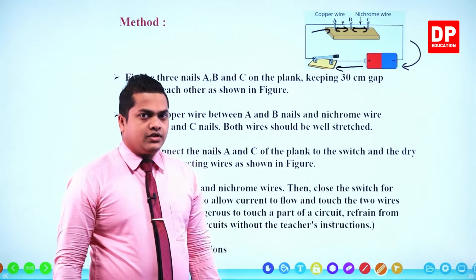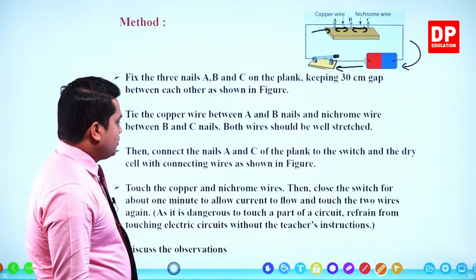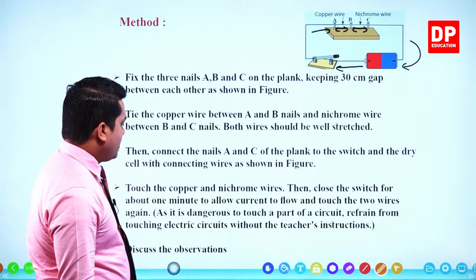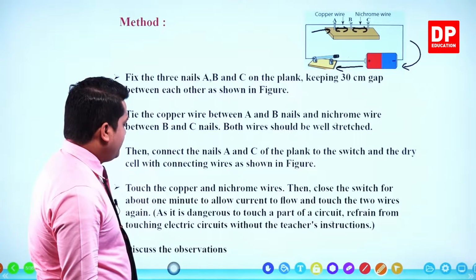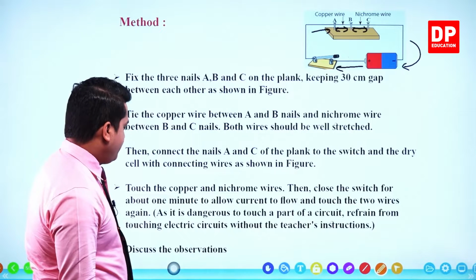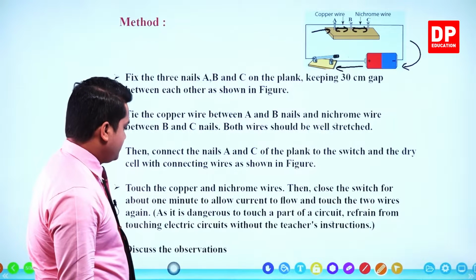Now according to the figure you have to connect the instruments. Touch the copper wire and nichrome wires, then close the switch for about 1 minute and allow current to flow and touch the two wires again. As it is dangerous to touch a part of a circuit, refrain from touching electric circuits without the teacher's instructions.